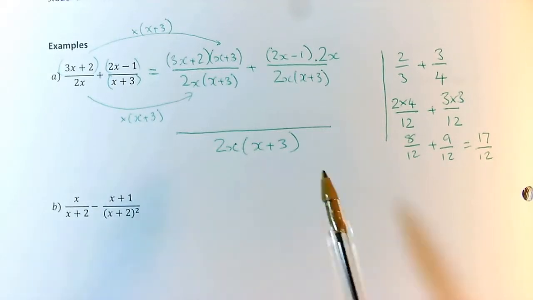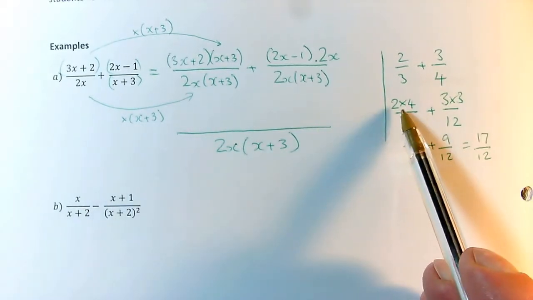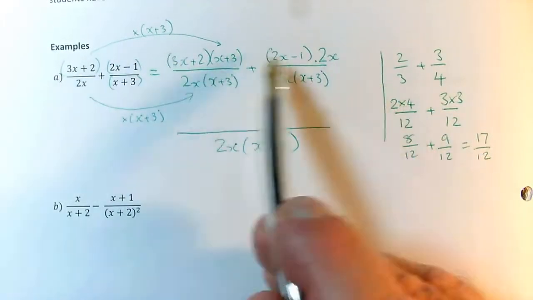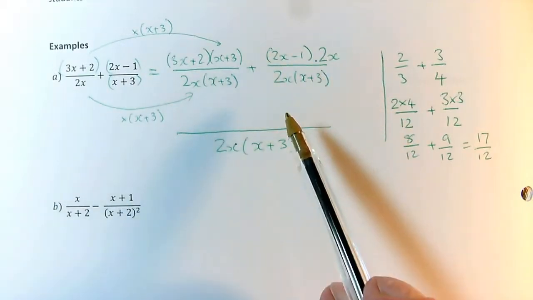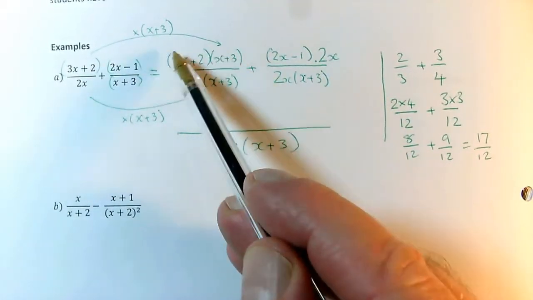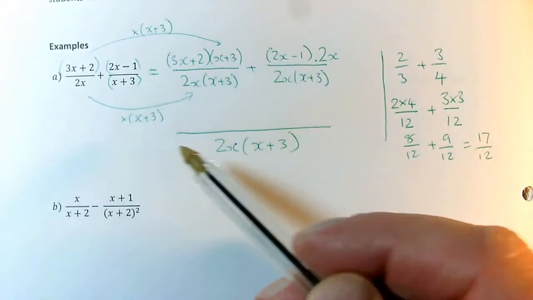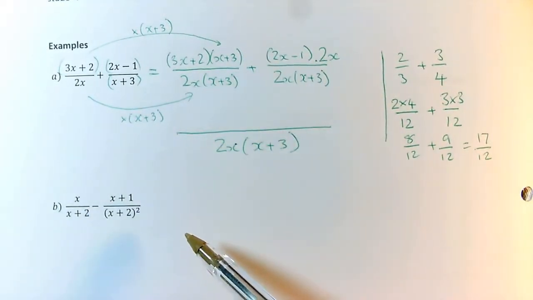But on the top, okay, I didn't leave this as 2 times 4 plus 3 times 3. I actually multiplied them. And here I think multiplying out is going to be the right thing to do. Okay, so the idea is I'm going to find out whatever this is, and it's going to go here. And I'm going to find out whatever this is, and it's going to go here. And then I'm probably going to need to do one more line of simplifying.